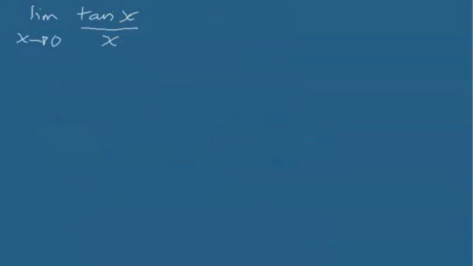All right, last example. Find the limit of tangent x over x as x approaches 0. So we have tangent x over x, but we only know sine x over x. But we also know that tangent x is equal to sine x over cosine x.